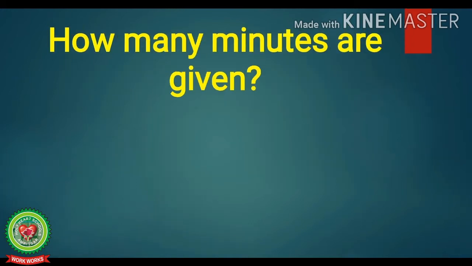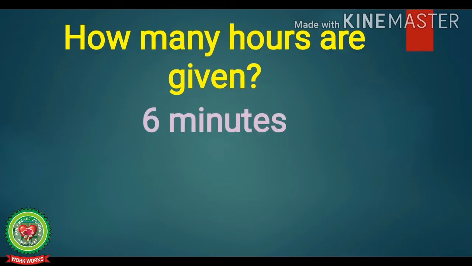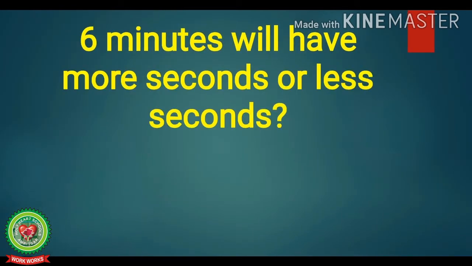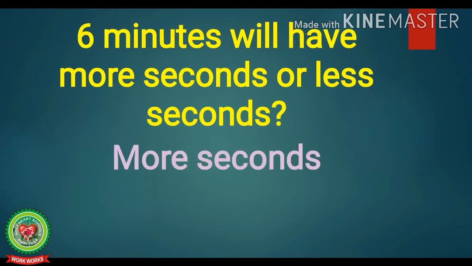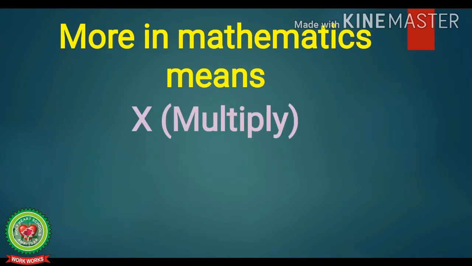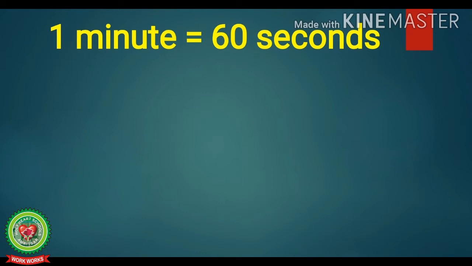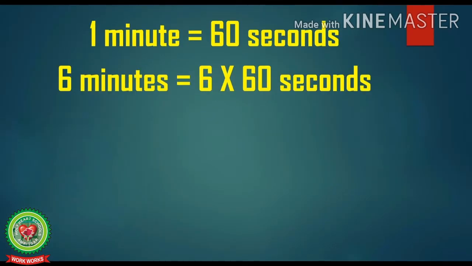So kids, how many minutes are given to us? 6 minutes. So 6 minutes will have more seconds or less seconds? Yes, more seconds. And more in mathematics means multiply. So if 1 minute is equal to 60 seconds, then 6 minutes will be equal to 6 multiplied by 60 seconds.